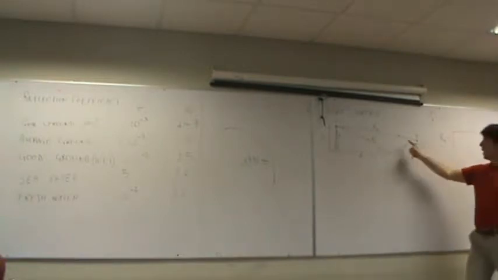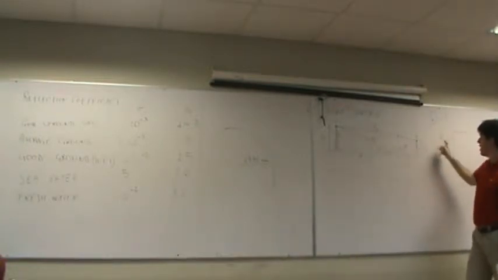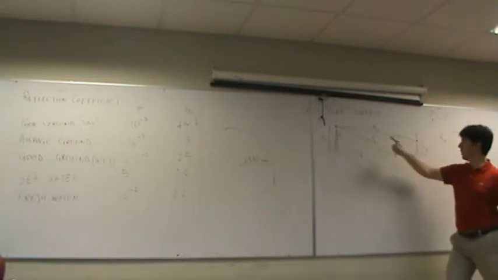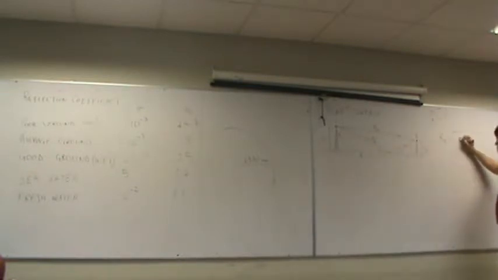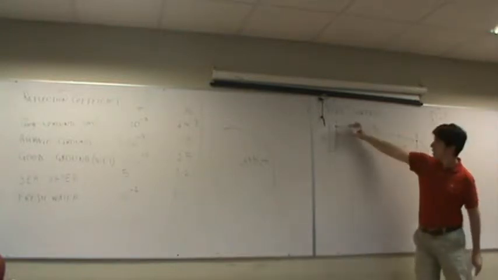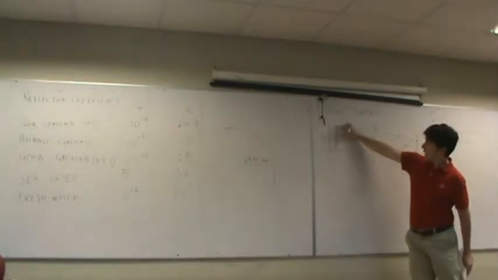You can apply the Pythagoras theorem, very simple, and say that this is the square root of d squared plus this height squared.